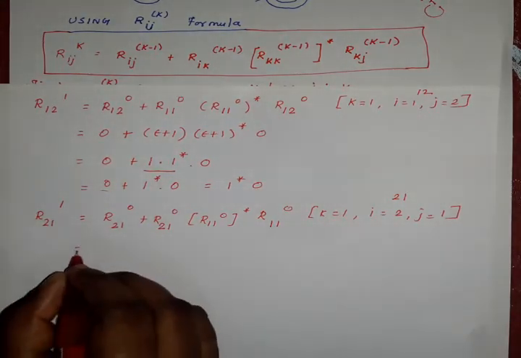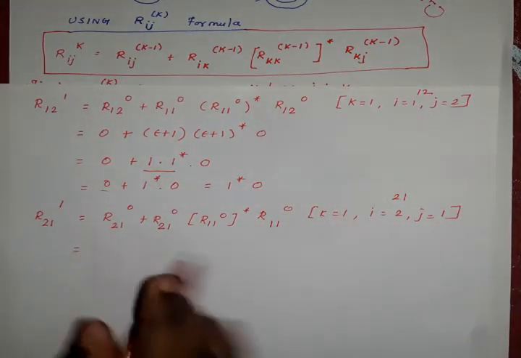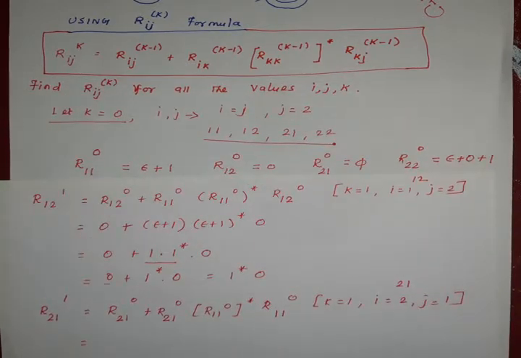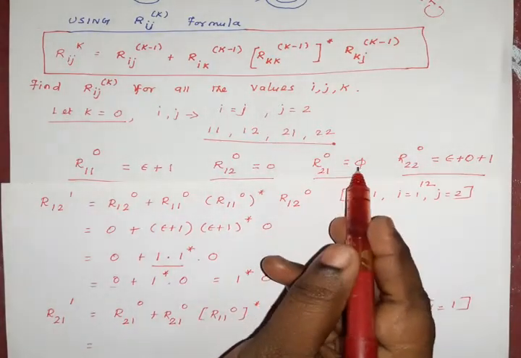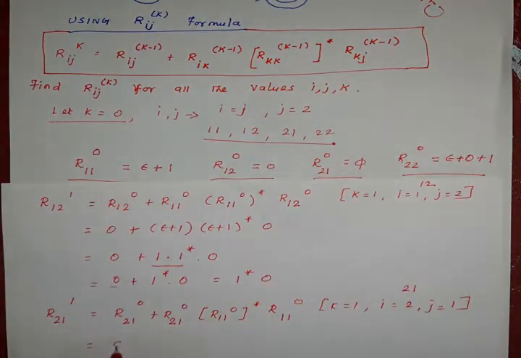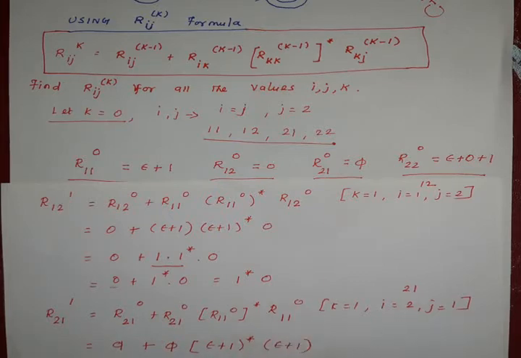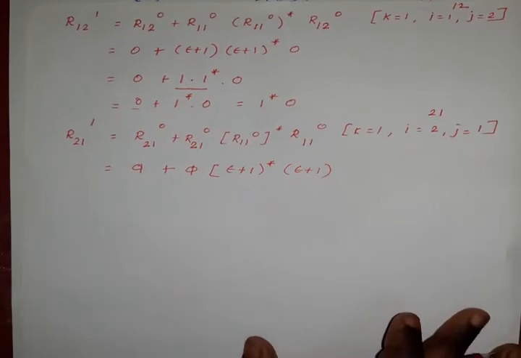So we can substitute the values. R21 power 0 is already evaluated. The result is null set, plus R21 power 0 is null set. R11 power 0 is epsilon plus 1 the whole star. R11 power 0 is epsilon plus 1. Now we can easily simplify.